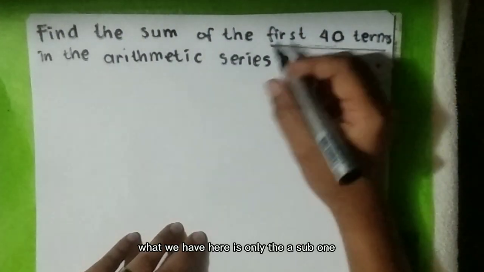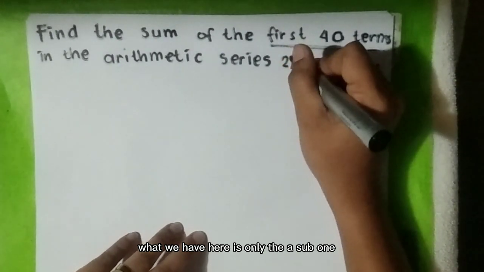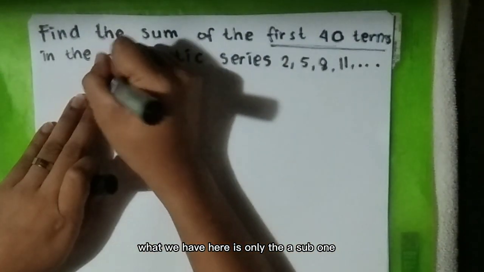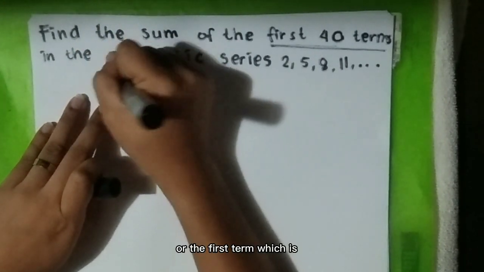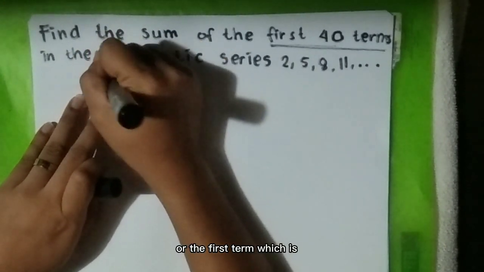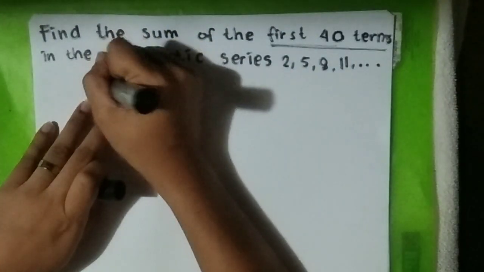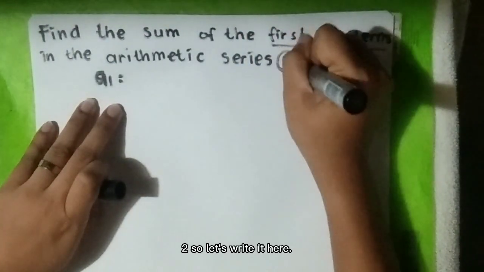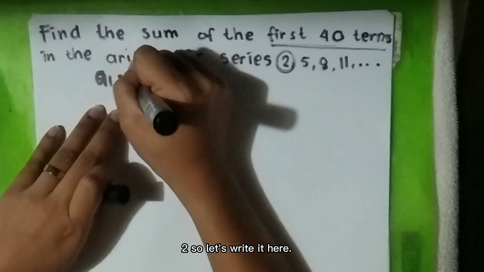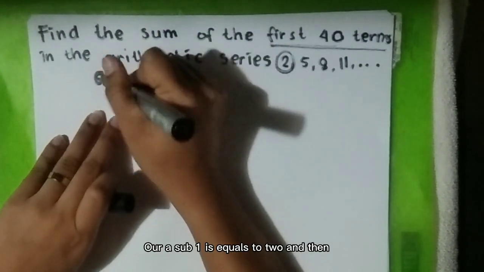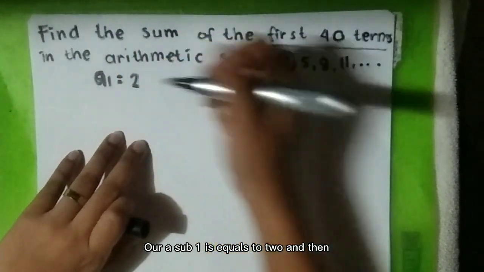What we have here is only the a sub 1, or the first term, which is 2. So let's write 2 here. Our a sub 1 is equal to 2.